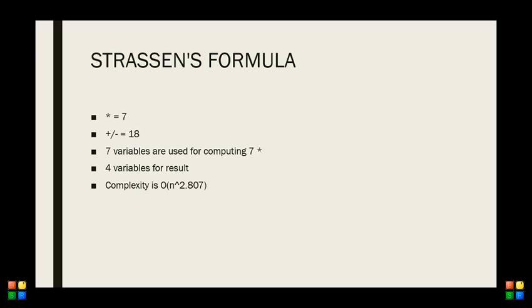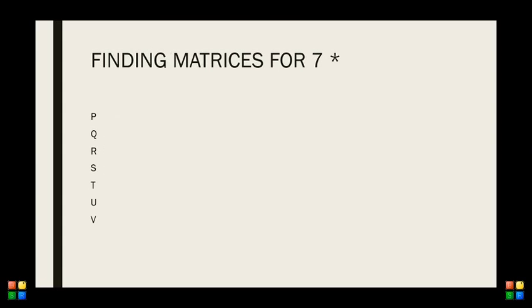In this algorithm we use 7 variables to calculate the 7 multiplications and 4 variables to compute the final result of the algorithm. Now first we find those seven matrix variables to calculate the result using the 7 multiplications.